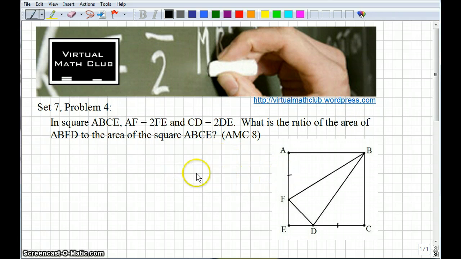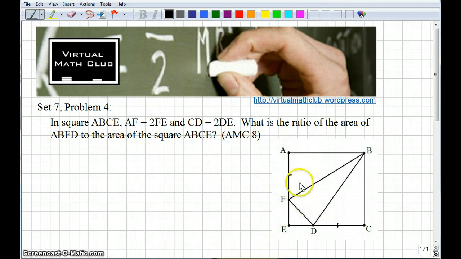The other approach that I find helpful is to impose a grid on the figure. Because we don't really know the lengths of any of these sides, but we could draw, just like graph paper, a grid on top of this. And conveniently, since this side AE, we can divide into 3 equal parts, and this side from C to E can also be divided into 3 equal parts.